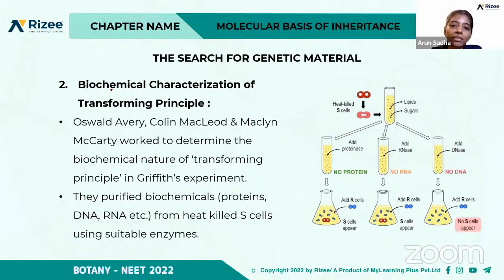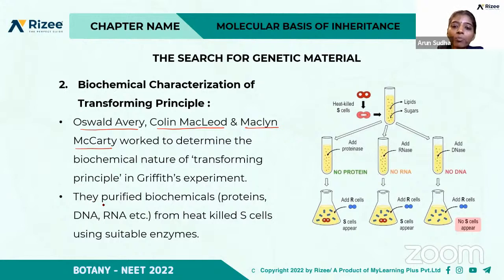So what was the transforming principle? That was further studied by the scientists Oswald Avery, Colin MacLeod, and Maclyn McCarty. These three scientists worked to determine the biochemical nature of the transforming principle in Griffith's experiment.